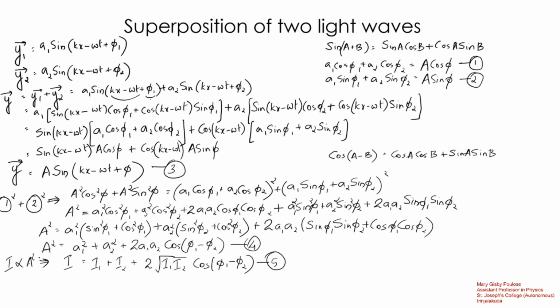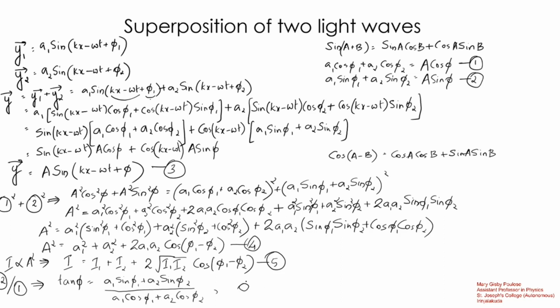Now, in order to find the resultant phase of the wave, what we do is we find the fraction, second equation by first equation, and this implies sine phi by cos phi, that is tan phi is equal to A1 sine phi 1 plus A2 sine phi 2 divided by A1 cos phi 1 plus A2 cos phi 2.